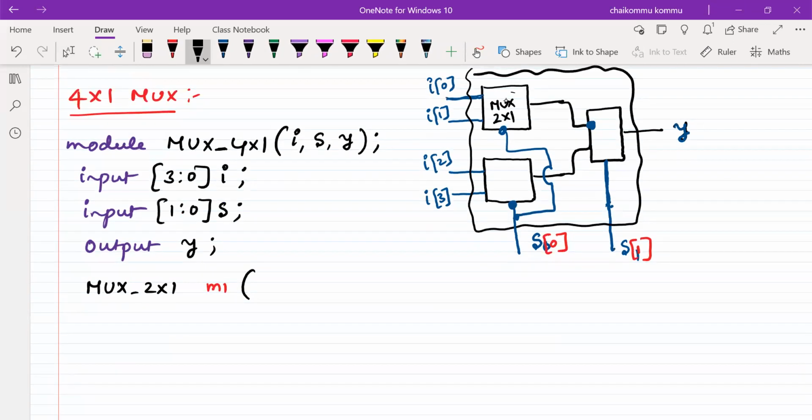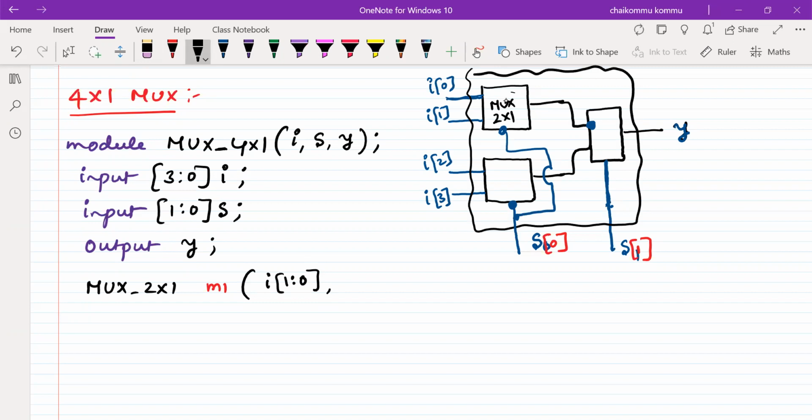I have to write I of 0 down to 1. Sorry, better I consider 1 down to 0. Writing 0 down to 1 means LSB position changes, so better write 1 down to 0.